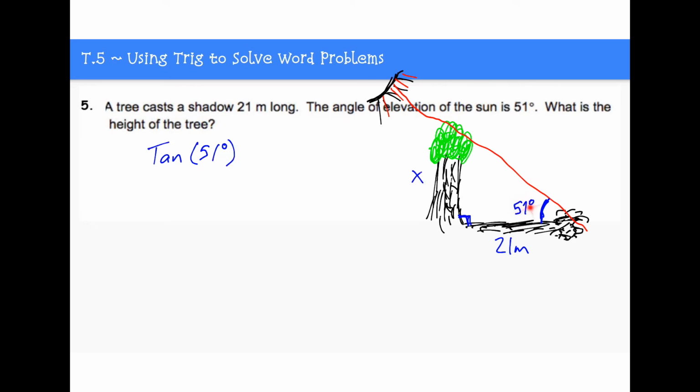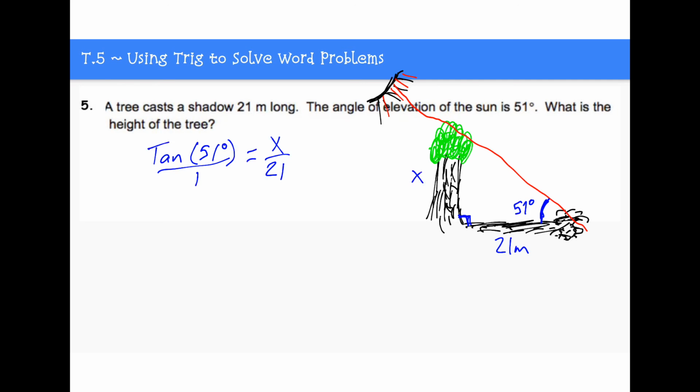And because we are not missing an angle, we are instead missing a side. That tells us normal tangent, not the inverse of tangent. And then think, will it be 21 over x or x over 21? It will be x over 21, since x is the opposite and 21 is the adjacent.